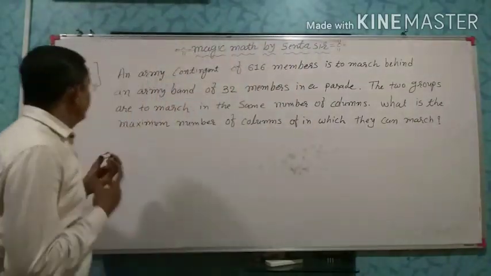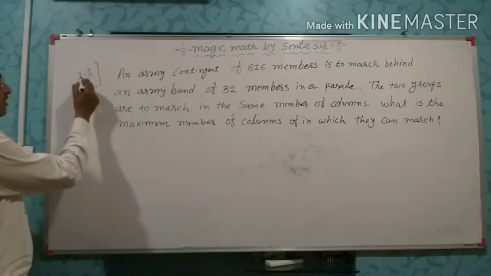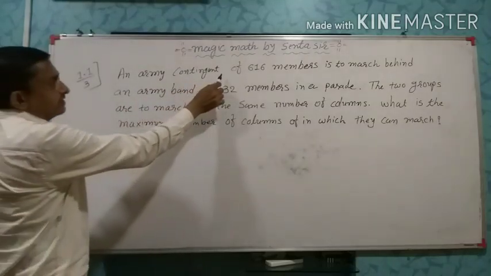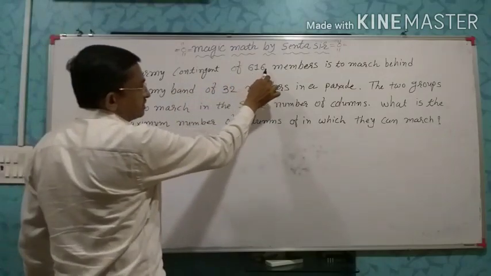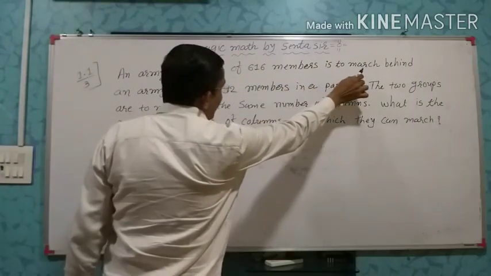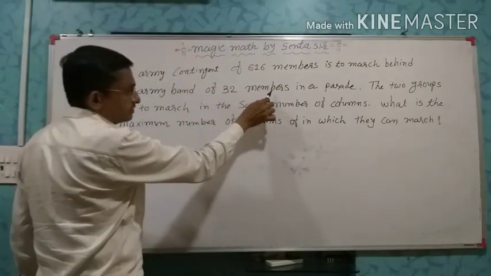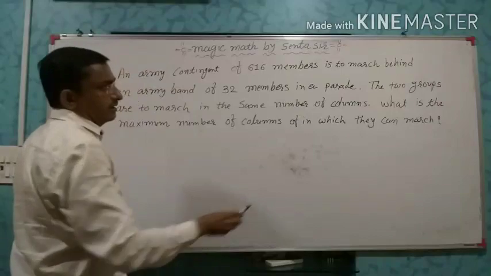Friends, today we will learn example 3 of 1.1. An army contingent of 616 members is to march behind an army band of 32 members in a parade.